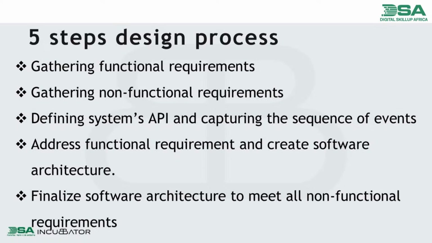Now, let's talk about the fourth design step. What does it address? It addresses our functional requirements and then creates that software architecture diagram to match our API. So, what does it involve?